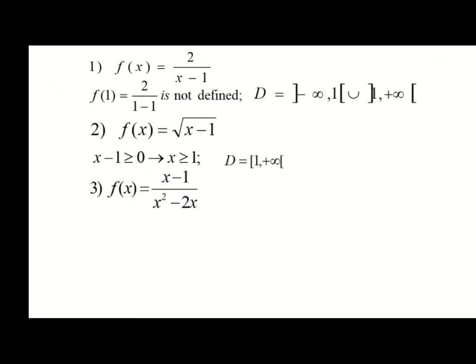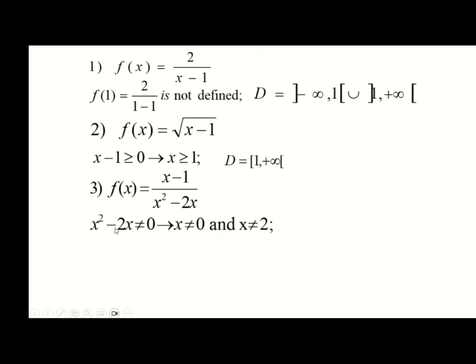F of x equals x minus 1 over x squared minus 2x. This function is defined when x squared minus 2x is different from 0, because when the denominator is 0, the function is not defined. A number over 0 is not defined. X squared minus 2x different from 0.